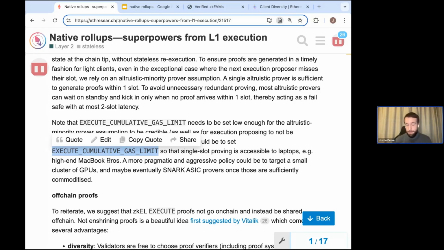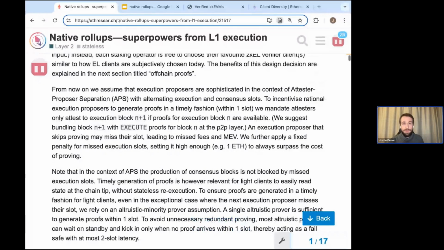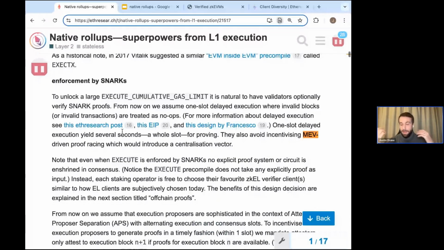And the reason is that they only have to call the execute precompile in a challenge game. So by default, what they do is that they just build their optimistic rollup by pushing the L2 blocks and making claims about the state root. And only if there is a disagreement about the state root do they use the execute precompile to resolve the disagreement.